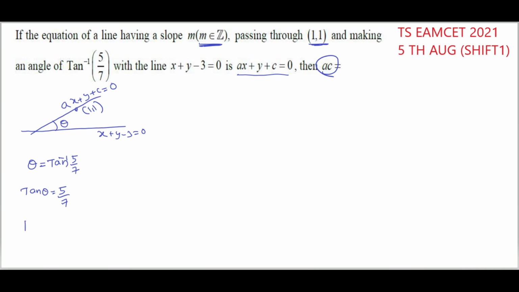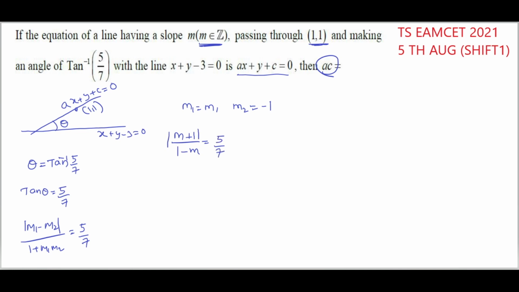We know that tan theta is the modulus of (m1 minus m2) by (1 plus m1 m2), equal to 5 by 7. m1 is the slope of the first line, that is m, and the slope of the second line, m2, is minus 1. Substituting these values, we get (m plus 1) by (1 minus m) equal to 5 by 7.